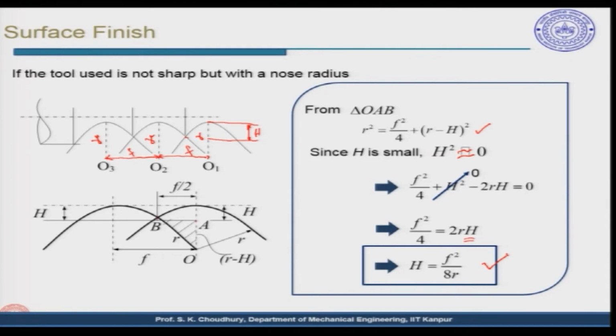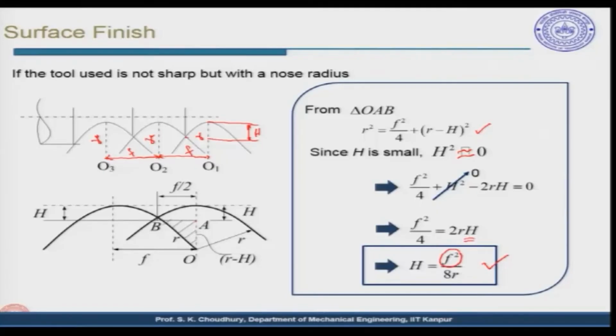You will find that the roughness in the case of the tool with the nose radius will be less, that means the surface finish will be better. It is mostly dependent on f square, and of course you can see that it is inversely proportional to r.